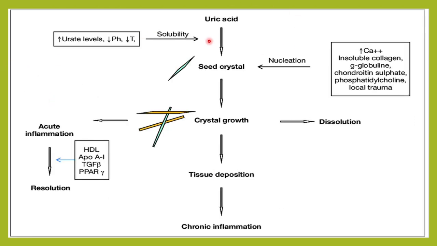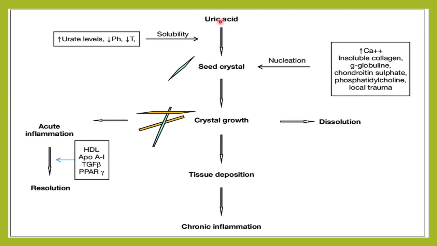So this uric acid starts forming the crystals. The formation of uric acid crystals also depends upon many factors: the increased uric acid levels, the pH, the temperature, the level of calcium, the chondroitin sulfate, local trauma. All this will help in the formation of these crystals.